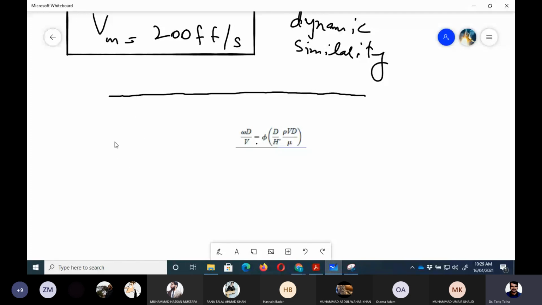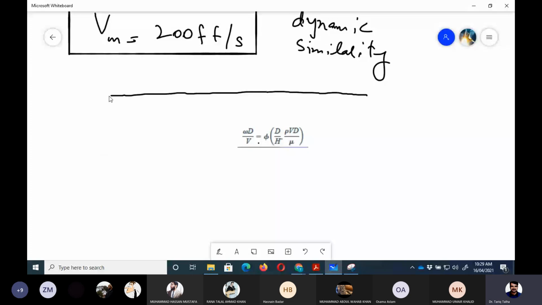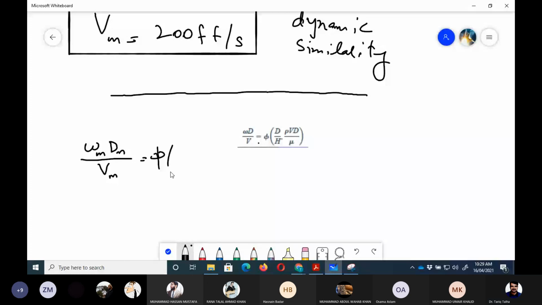So for the model, we can write this again: ω_m d_m upon V_m function of d_m upon h_m, ρ_m V_m d_m upon μ_m, right?